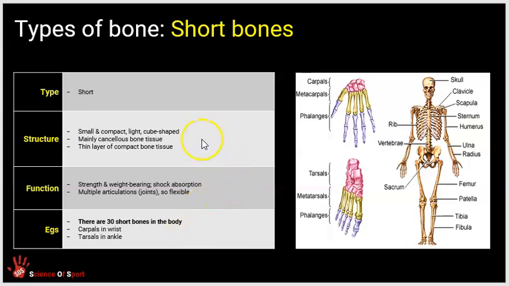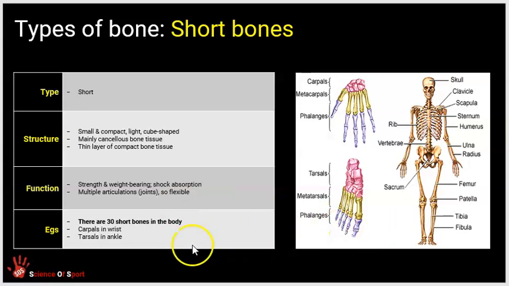So short bones are cube-shaped or square-shaped, mostly spongy bone, so they're very strong and they do a lot of weight bearing. If you think about your little ankles and they have to carry your body mass, let alone if you jump where the force going down through them is huge, they have to contain that.